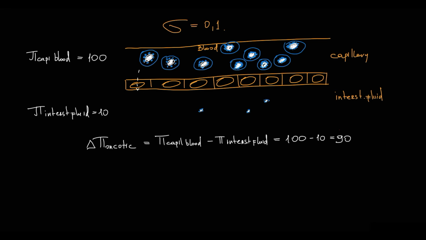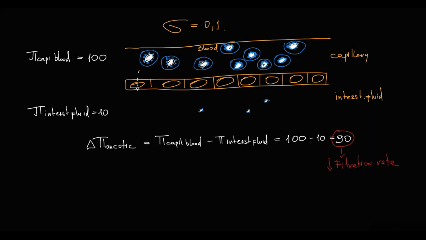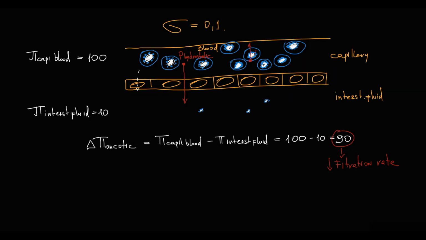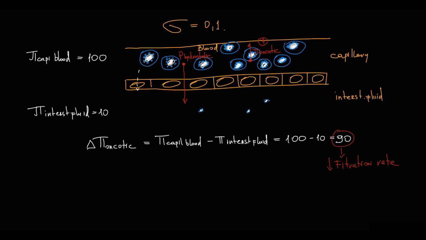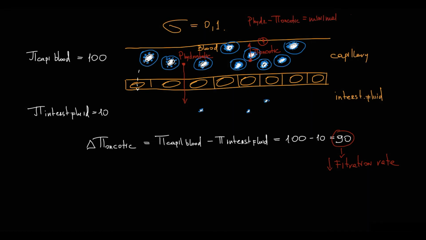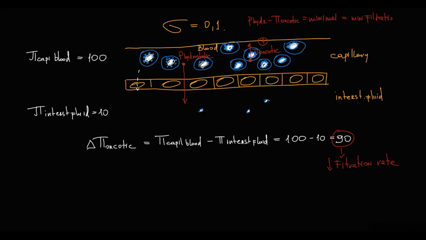So potentially such a huge oncotic pressure difference must result in a very low filtration rate, because if hydrostatic pressure pushes fluid out of the capillary, proteins keep fluid near them and don't let fluid leave the intracapillary space. So there is a high oncotic force opposite to hydrostatic pressure, and in this case the difference between hydrostatic and oncotic pressure is minimal, and this potentially must result in minimal filtration rate.